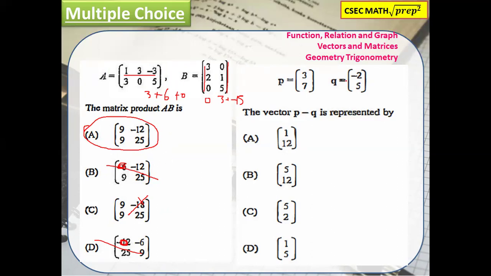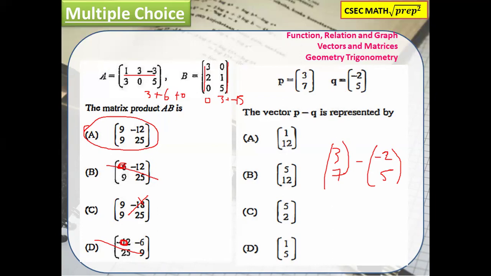All right. Next, we have the vector P minus vector Q. So P is 3, 7, and the vector Q is minus 2, 5.